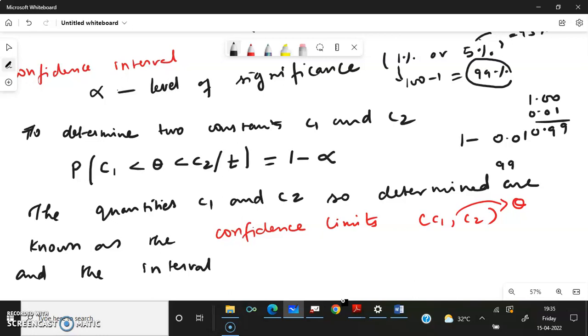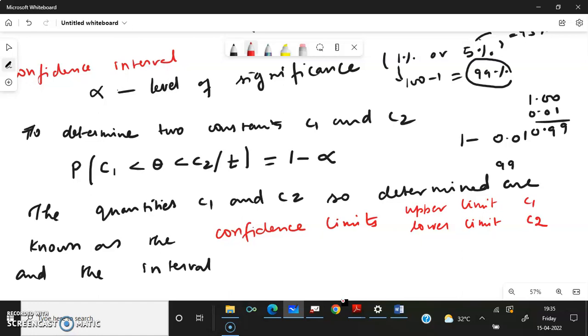I can say upper limit is C1, lower limit is C2, like this I can say. So these quantities C1 and C2 are known as the confidence limits.